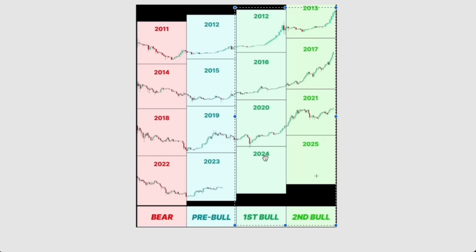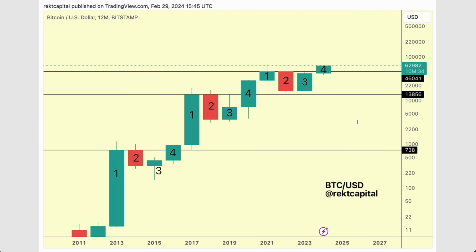But it looks like in this cycle, we're already getting to old all-time highs a lot quicker than usual. And still we have all of this upside going into 2025. So the rest of 2024 is simply going to be very, very interesting. And Bitcoin still has a lot of room to grow in the coming months and going into 2025 as well.